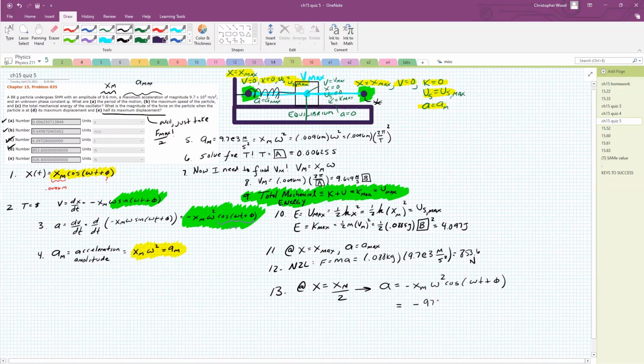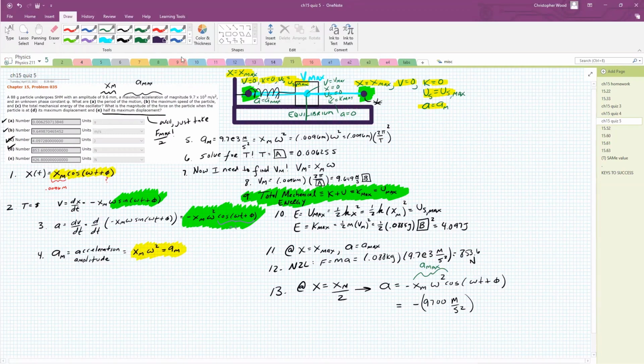negative 9,700 meters per second squared, because this is collectively A max, and they told you what A max was. That is provided.